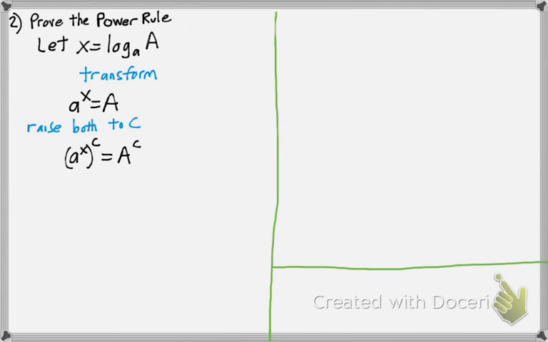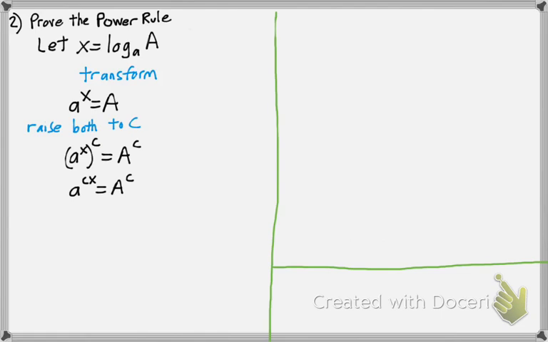Now, power to power means that you are multiplying exponents. So this is going to be A raised to cx is equal to A raised to c.